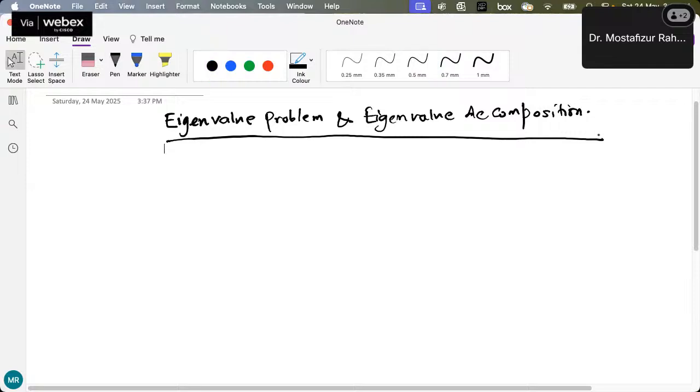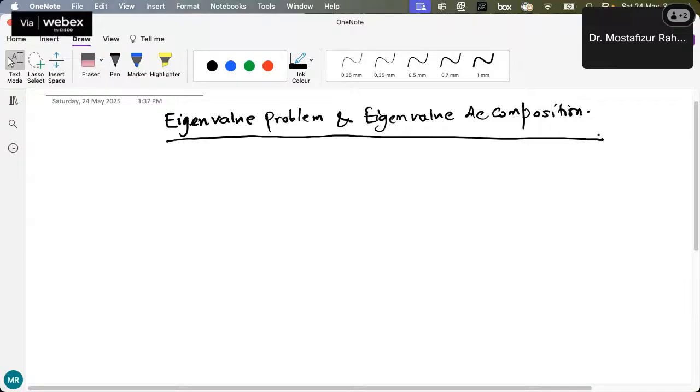I'm not giving the rigorous proof of all these decompositions, but showing their importance from the computational point of view and where they should be used, with what conditions, right?